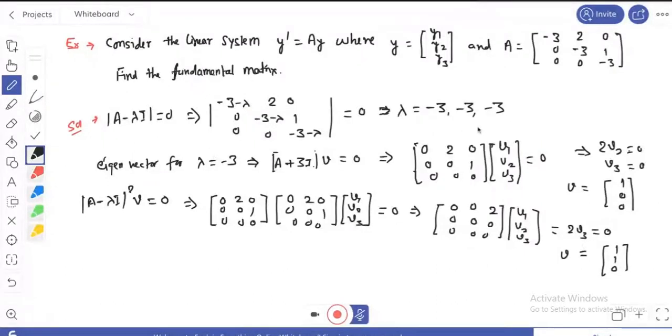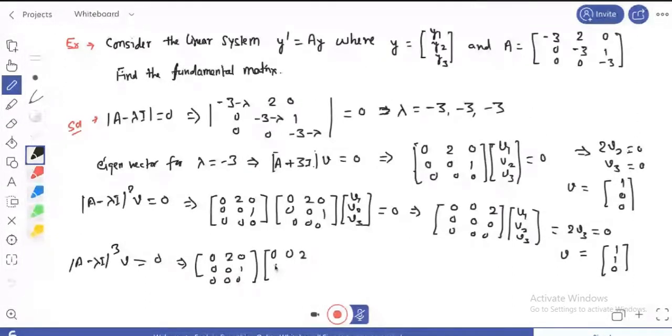Okay, for the third one, you can find the eigenvector. So (A minus lambda I) cubed. Here you have to find the square, so you multiply this entry with the square matrix, which is all 0, with V1, V2, V3.